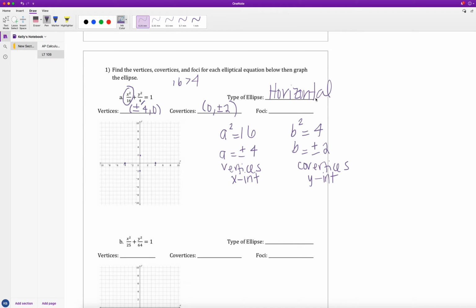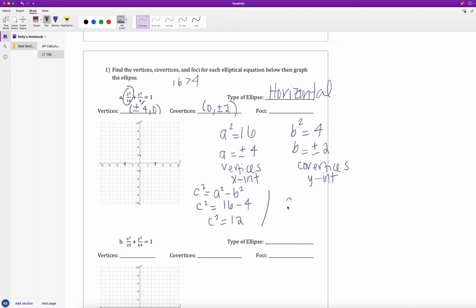The last thing I have to figure out is what are my foci. So to figure out my foci, we're going to use that equation involving c squared. So c squared is equal to a squared minus b squared, and I can sub this stuff in. I know that a squared is 16 and b squared is 4. So if I subtract those two, I get c squared is going to be equal to 12.